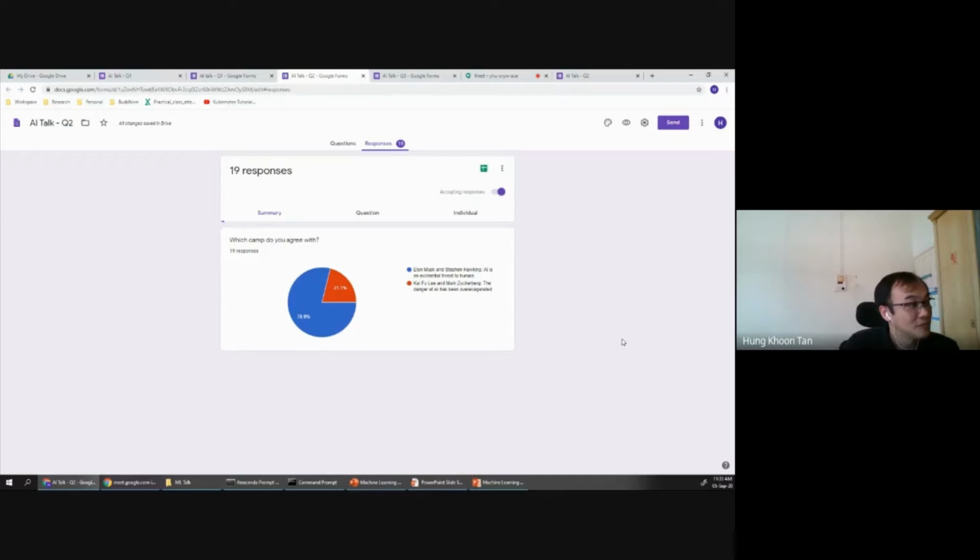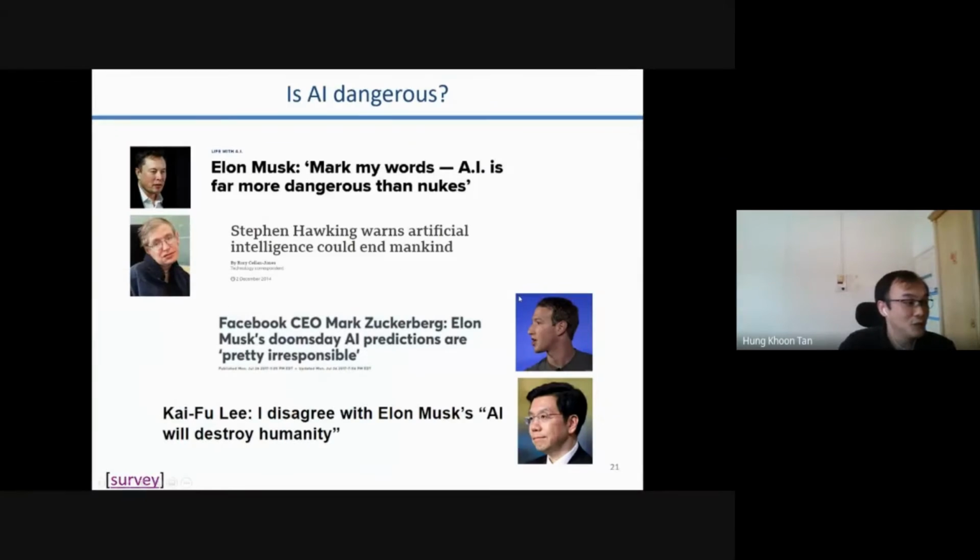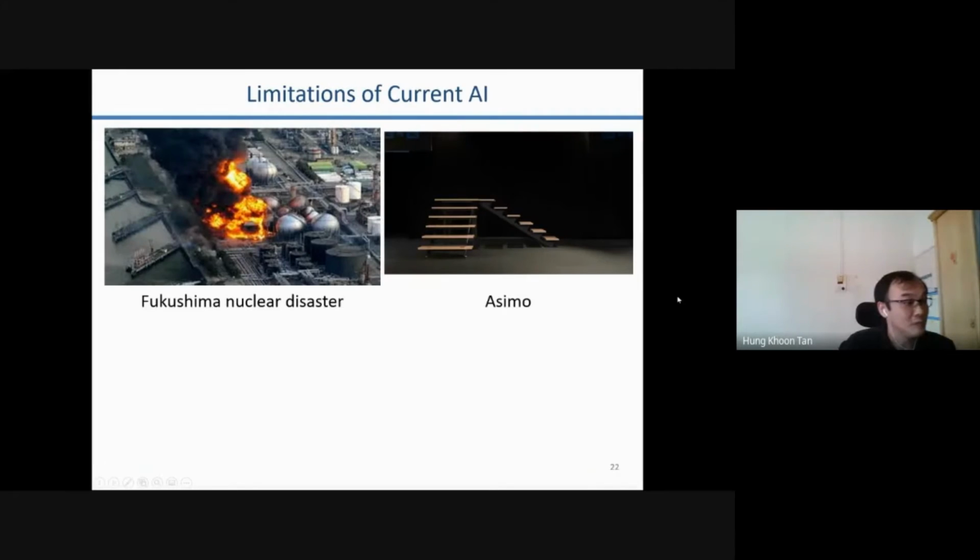Okay, around 80% of you believe that AI will pose an existential threat to human, and most of you agree with Elon Musk and Stephen Hawking. And only 20% of you, actually less than 20%, think that the danger of AI has been over exaggerated. All right, cool. So my own take on this, I'm with Mark Zuckerberg. Okay, I'm with Kai-Fu Lee for reasons that I will expose later.